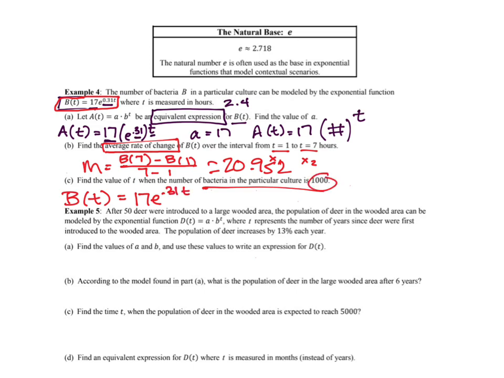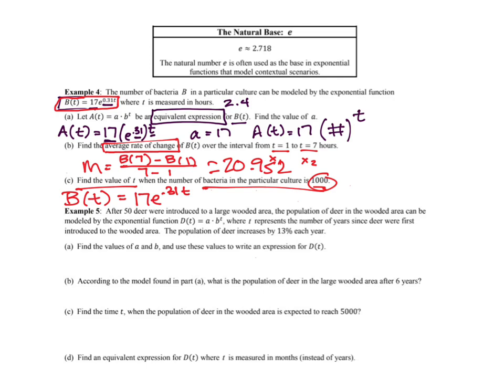Plug in 1,000? Then the question would be, what's the number of bacteria after 1,000 hours? Oh, that's not what it's asking. It wants the number of bacteria to be 1,000. Find the value of t.